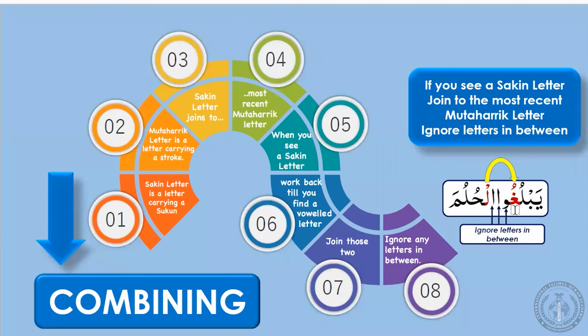Then I've got this ghain. Is this a mutaharrik letter? Yes, it is, because it has a dhamma on top of it. So now I know that ghain is my mutaharrik letter, and lam is my sakin letter. I join the ghain with the lam and ignore the letters in between, and I would read it as ghul. And altogether, this whole word is yabalughul huluma.